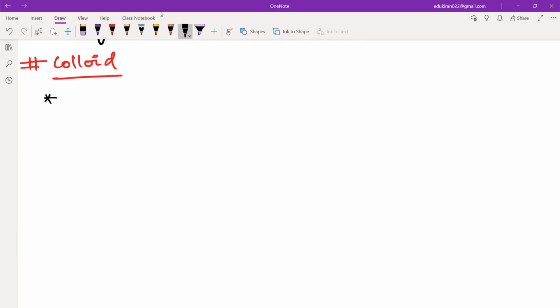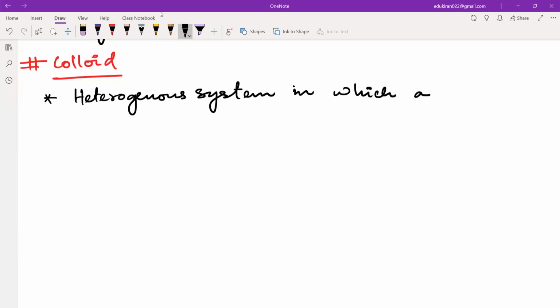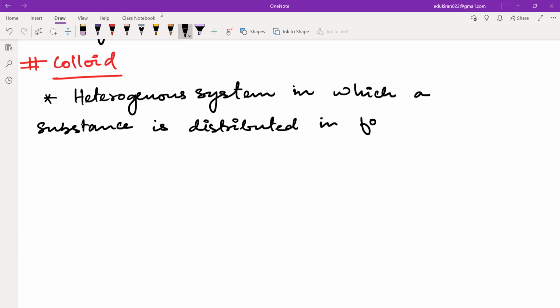It is a heterogeneous system in which a substance is distributed in the form of very small particles.